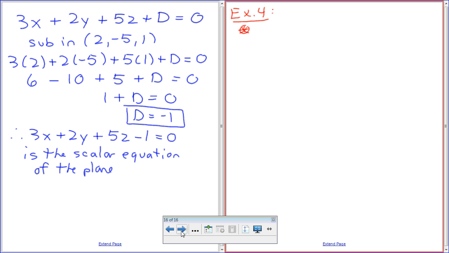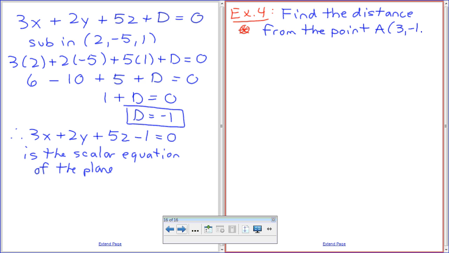Example 4 says, find the distance from the point A, 3, negative 1, 1 to the plane 4x minus 8y minus z equals negative 1.